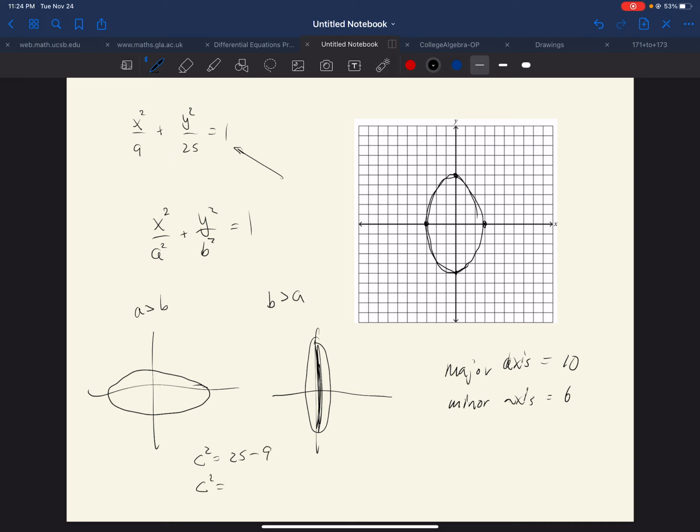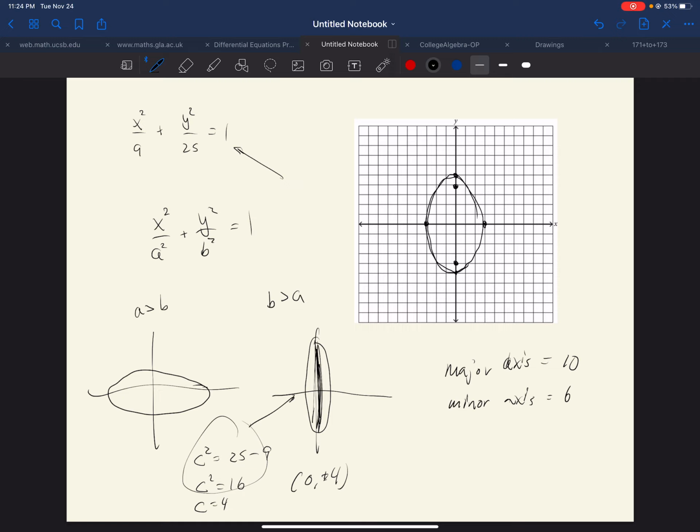So c squared is 16, so c is 4. And the foci always live on the major axis. So in this case, it should be 0, plus or minus 4. And so we should put one right there and right there. And that's where the foci would actually exist.